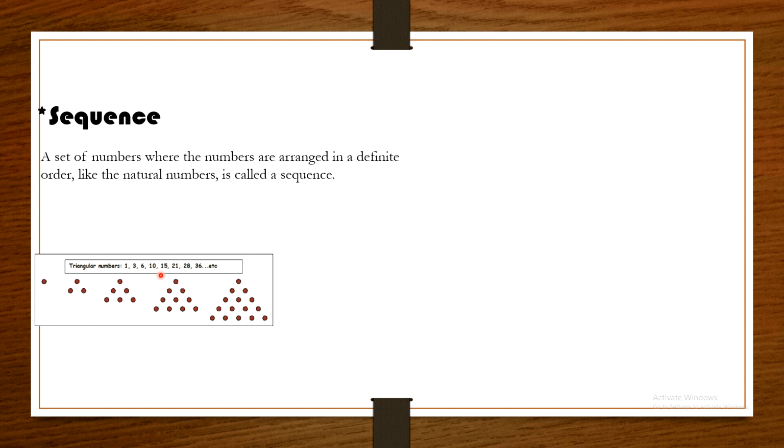Again by adding 5 we get 15. That means here add 2, here add 3, here add 4, here add 5, and adding 6 to 15 we get 21. So these numbers are arranged in some definite order. So this is called a sequence.